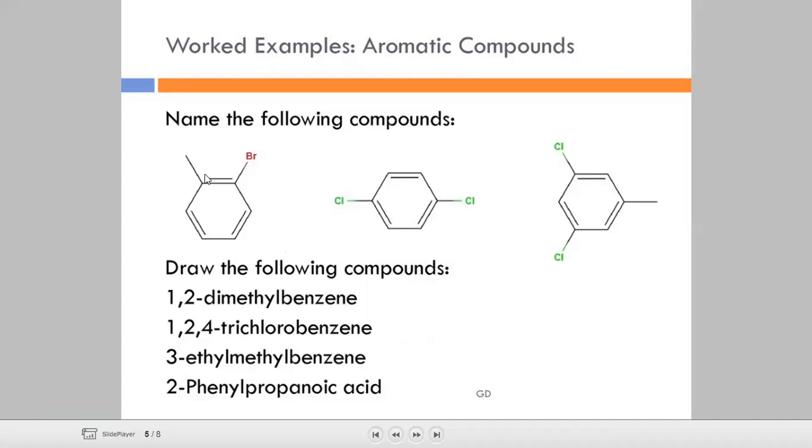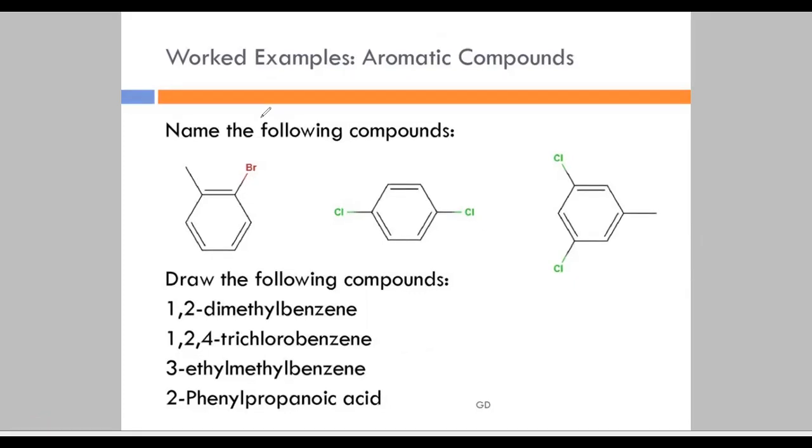But when you have two atoms that are one next to the other, there is a way to say 1,2. This is the same thing. 1,2-dimethylbenzene. Let's draw this. How would you draw the 1,2-dimethylbenzene?